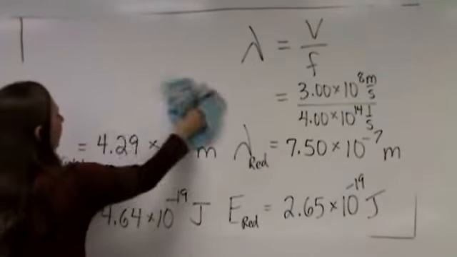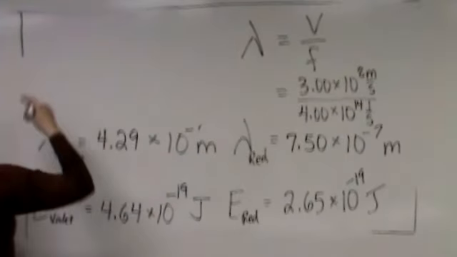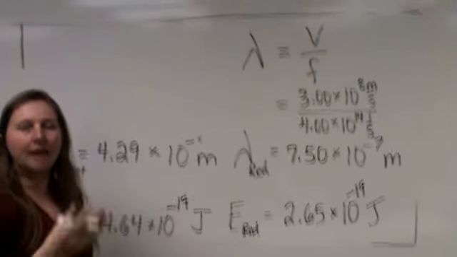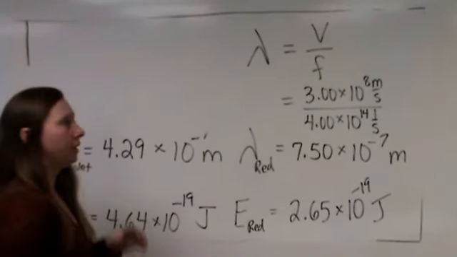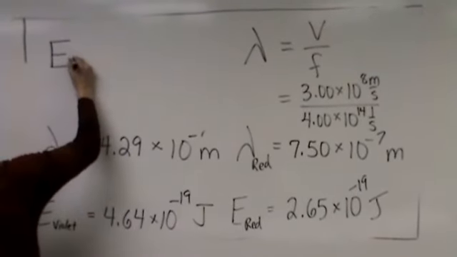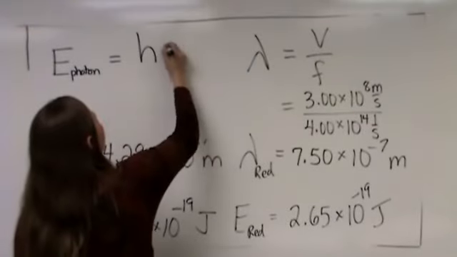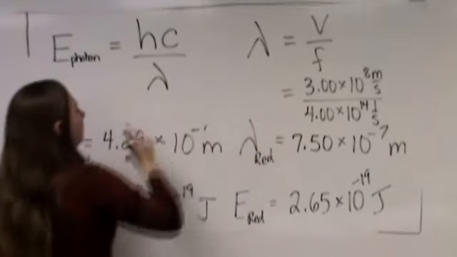So what if we were given the wavelength and asked to find the energy of the photon? Here's the other part of that equation. The energy of a photon is equal to hc over lambda.